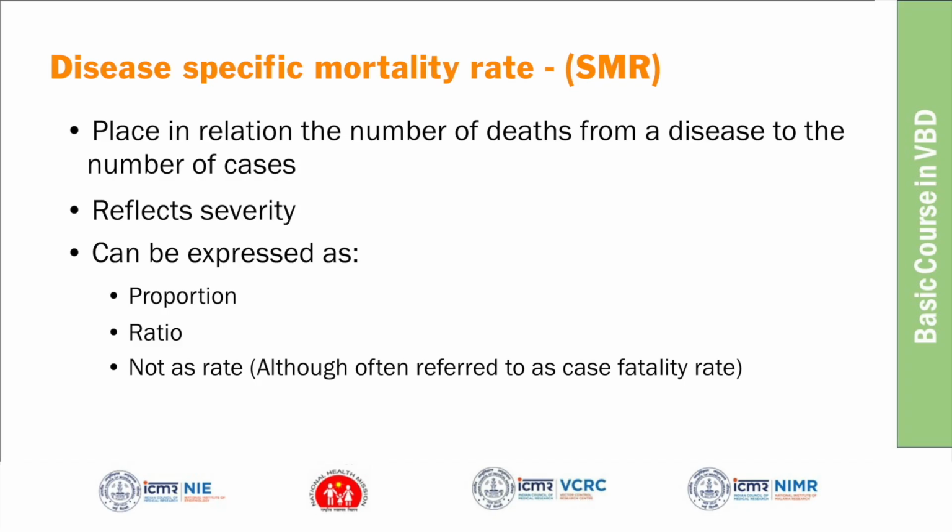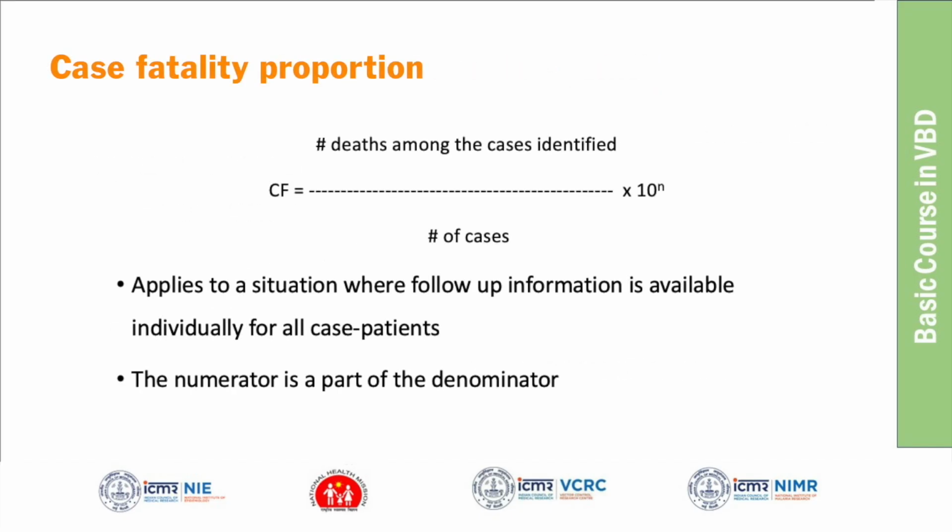Case fatality, whatever we commonly express, we express as a proportion. Also, it can be expressed as a ratio. So what is case fatality proportion? If I have details of all the individuals who have developed that particular disease in question, then I put in the denominator the total number of cases who have developed the disease. I follow them over a period of time and see how many of them died from that disease and put that number in the numerator.